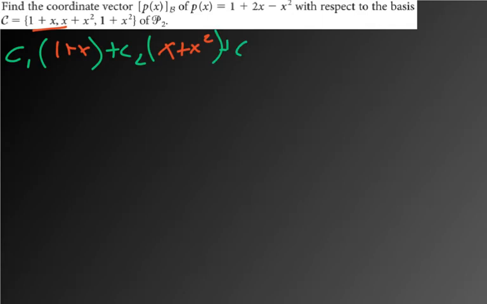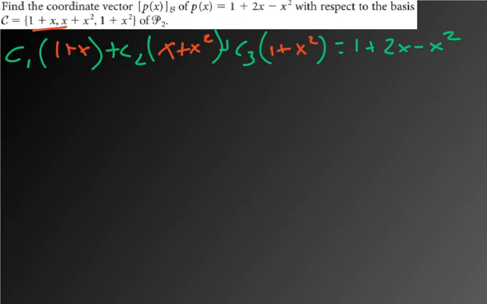The idea here is you have c1 times 1 plus x, plus c2 times x plus x squared, plus c3 times 1 plus x squared. And we basically want to know what are the c's that get me to 1 plus 2x minus x squared.